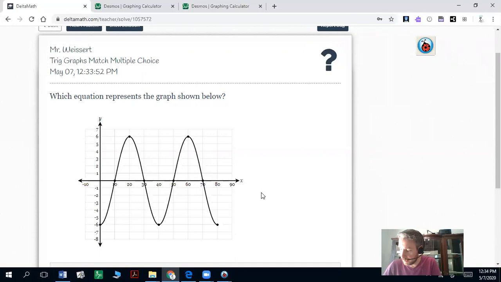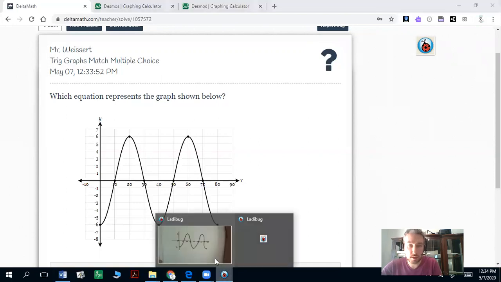Its midline's at the x-axis, so that midline's going to be 0. And it counts by tens, so 10, 20, 30, 40, 50, 60, 70, 80. All right, I got it drawn out, so let's take a look here.